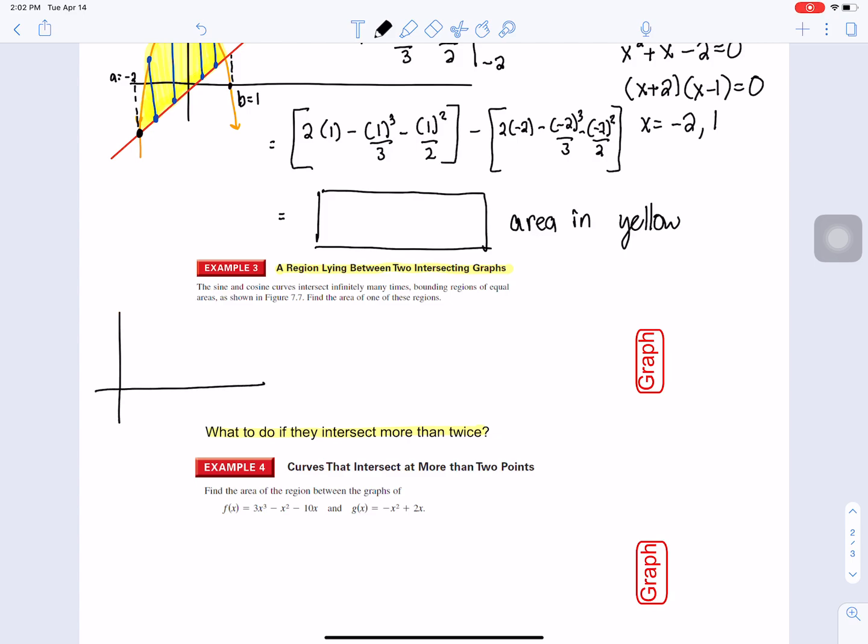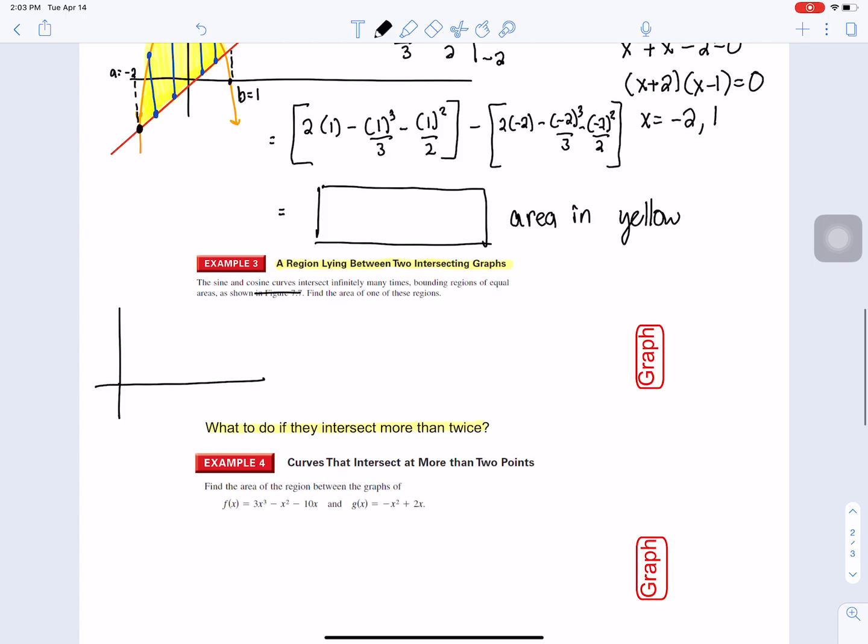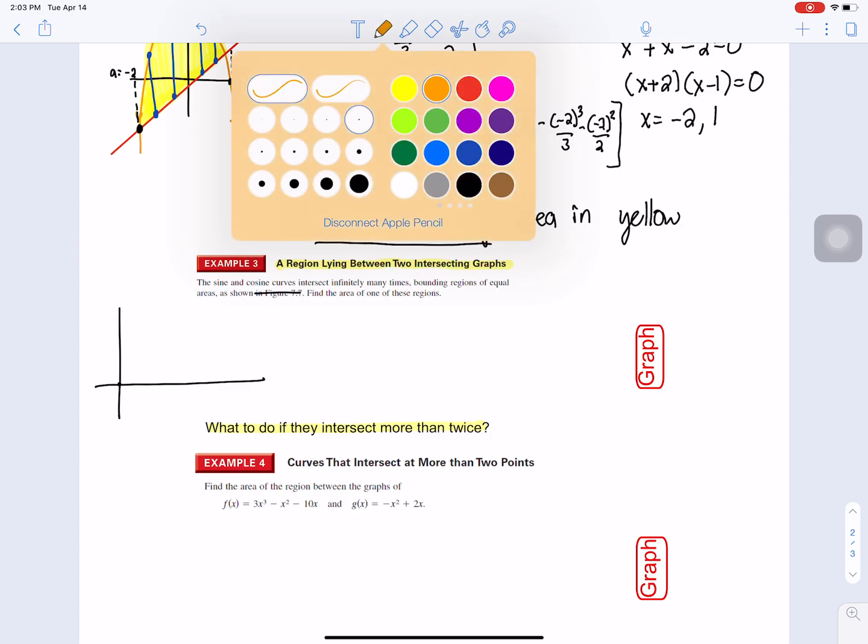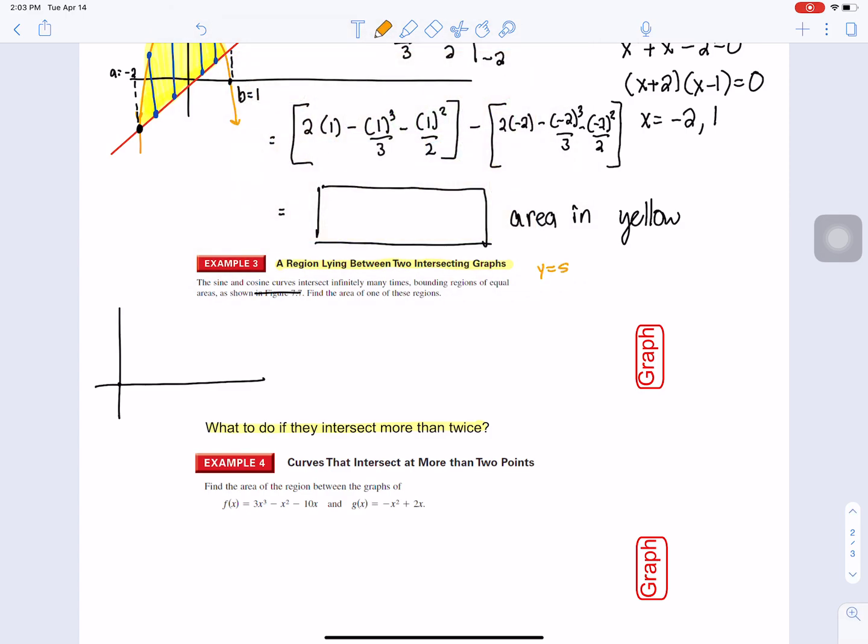Okay, so it says the sine and cosine curves intersect infinitely many times, bounding regions of equal areas. Now they say in a diagram, I'm not going to give you a diagram because you're going to be expected to find that on your own. Find the area of one of these regions. So my sine graph will do in orange. So y equals sine x will be presented in orange.